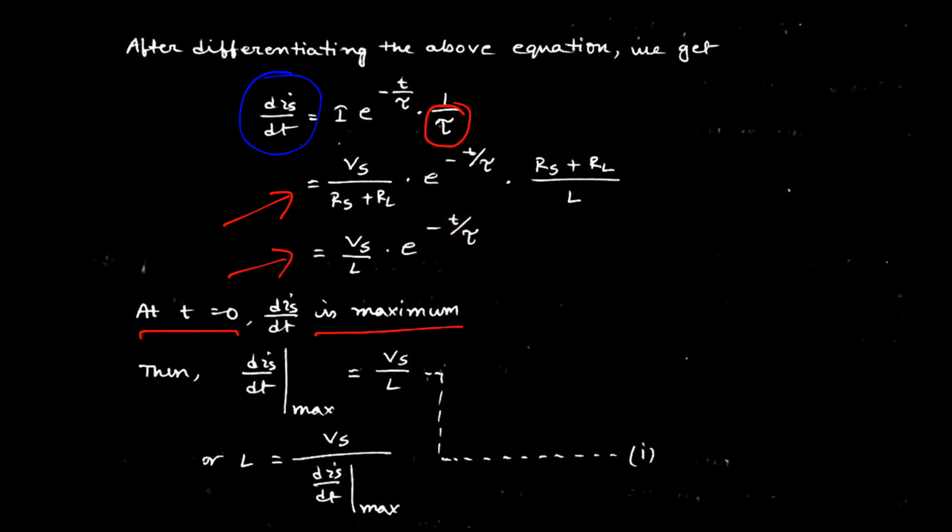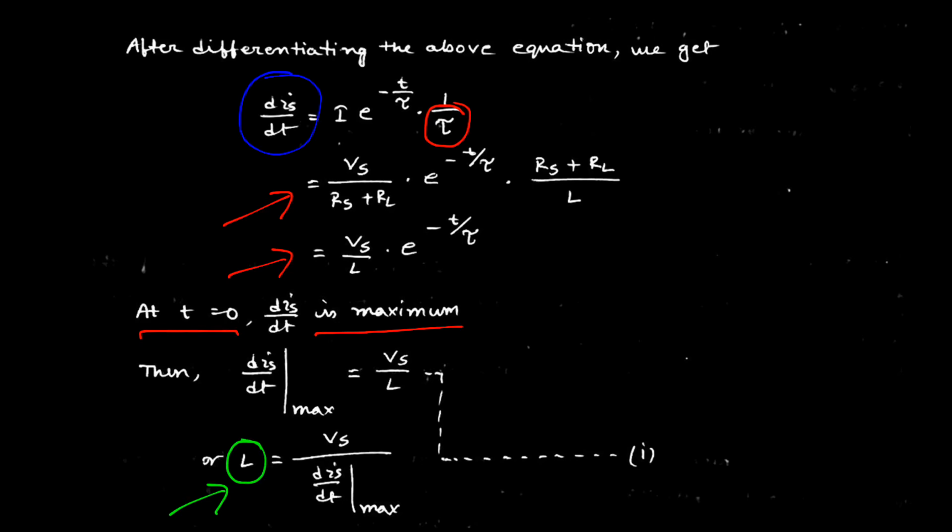So ultimately we have dIs/dt max equal to Vs by L. From this expression we can write L equal to Vs by dIs/dt max. In this way we can easily design the value of L for the snubber circuit.